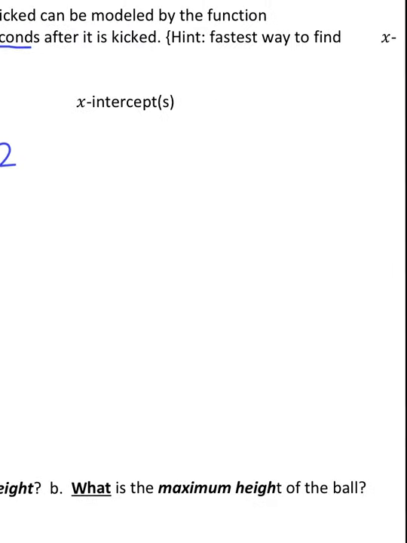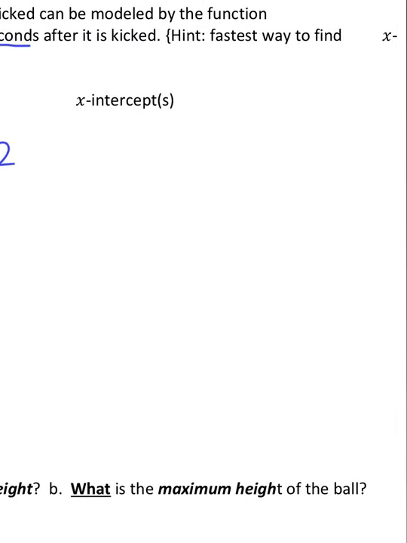All right, so x-intercepts. I said to factor, right? So let's take our problem. We're going to set the y equal to 0, which is our h in this case. So we have 0 equals negative 16t squared plus 64t. And there is no c value, so we definitely can divide out a t.